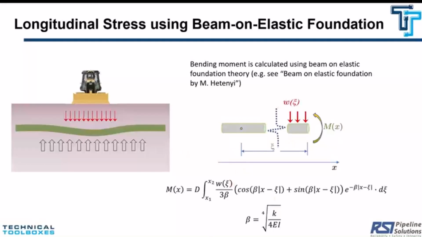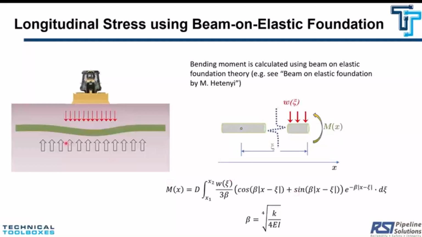And this is the equation. Again, I'm not going to explain how we solve the equation. It's just a numerical integration, but the calculator does this automatically for you, so you don't have to deal with any of these calculations, whereas if you wanted to do it manually, you would have to solve this manually.